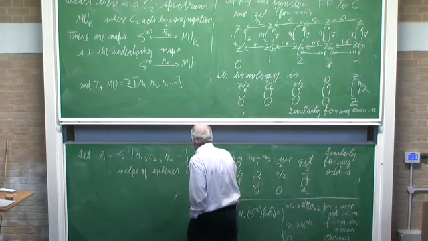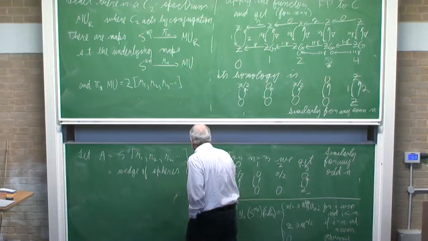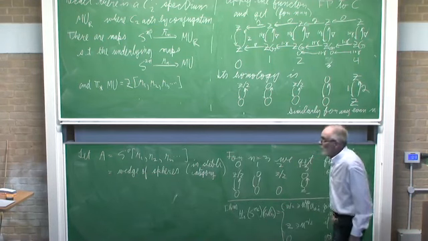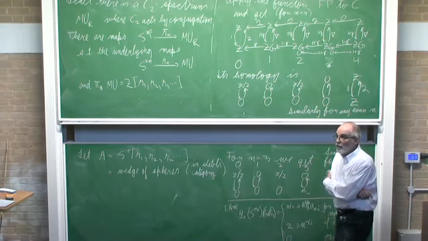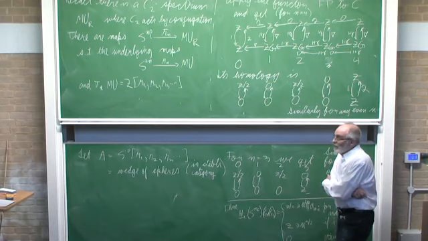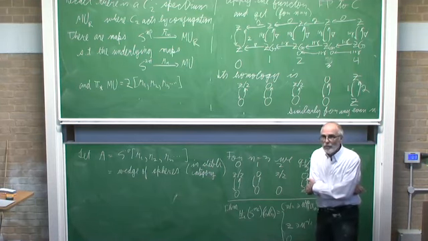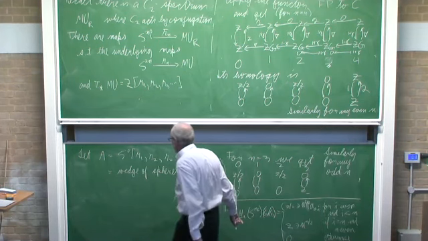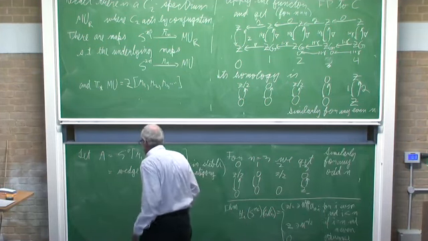This is in the stable category. It's an appropriate wedge of spheres, and it comes equipped with an associative multiplication. It's not commutative. Even though it looks like it should be commutative, it isn't. That's another story. But this is an associative ring spectrum.